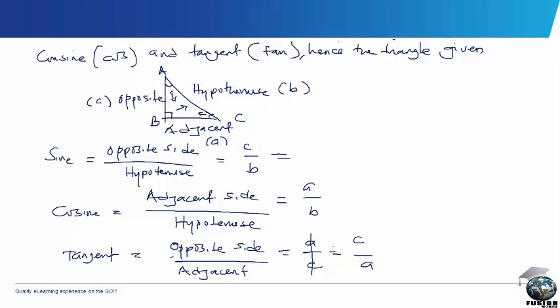The angle that stays with A you can call angle A, the angle that stays with B you can call angle B, and the angle that stays with C you can call angle C. So this can be written as sine of angle A, this as cos of angle A, and this as tan of angle A, provided that you are just given one angle.